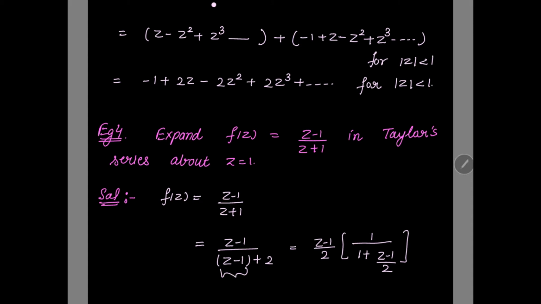Taking 2 outside, I will get (z − 1)/2 into 1 over 1 + (z − 1)/2. Yes, z − 1 comes. Now I take this denominator in inverse form and then expand. So this is equal to (z − 1)/2 and (1 + (z − 1)/2)^−1 in inverse form denominator.